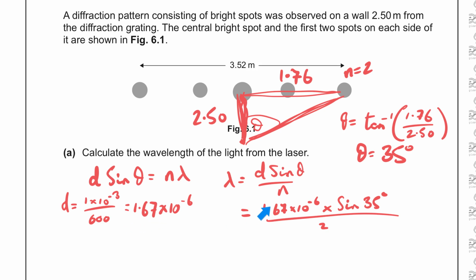So we had this value for d, we had 35 for theta, and we had an n of 2 because we're at the second maxima there. And so that should give us lambda. So that's lambda in metres. And we're probably going to want that in nanometres.